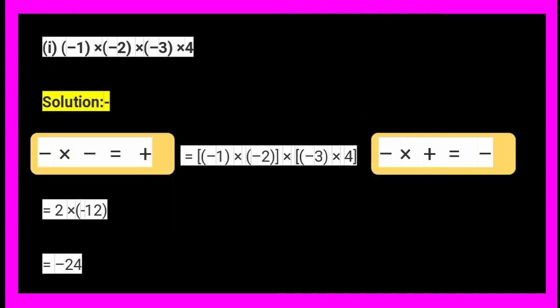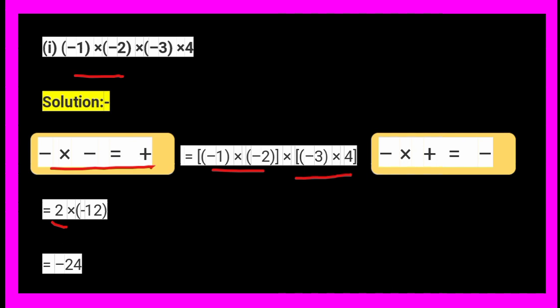Next is minus 1 multiplied by minus 2 multiplied by minus 3 multiplied by 4. So first of all we multiply here minus 1 and minus 2, and both integers are negative, right? So we get the answer of this multiplication positive, because minus minus plus. So 1 2s are 2. Then after we multiply these two numbers, right?